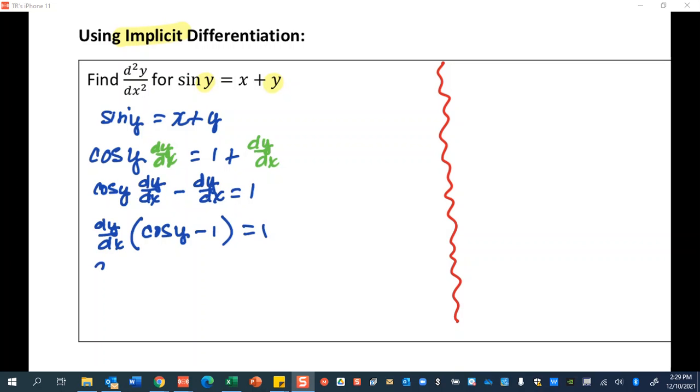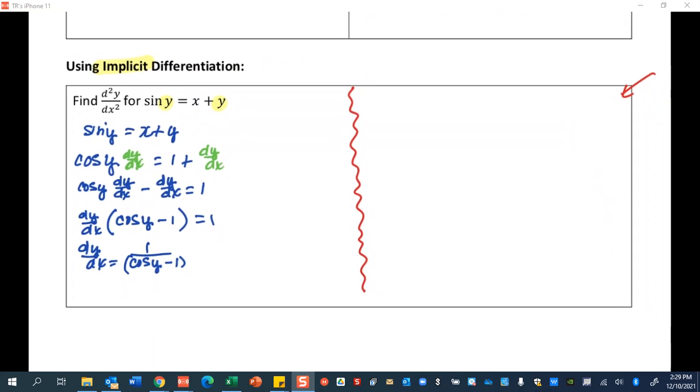And then, of course, I'm going to solve for dy dx by saying that's 1 over the cosine of y minus 1. Not too bad. Are we okay with that? Okay.